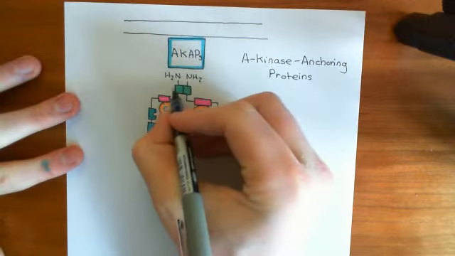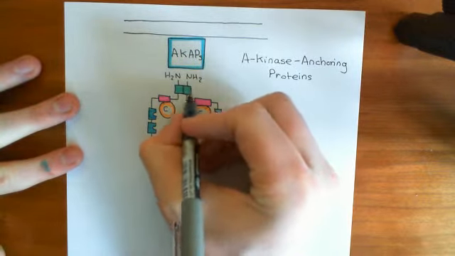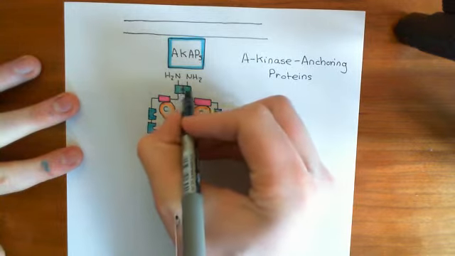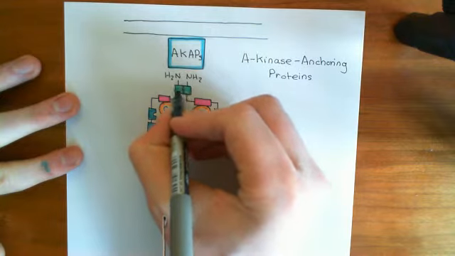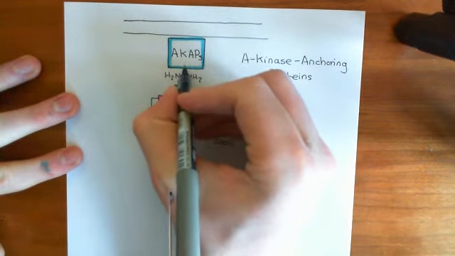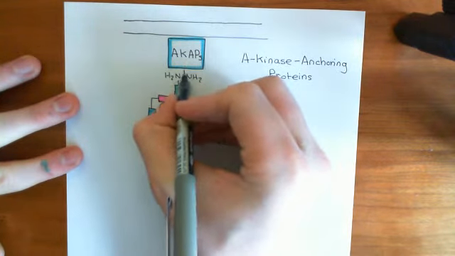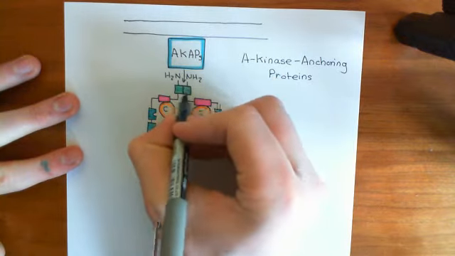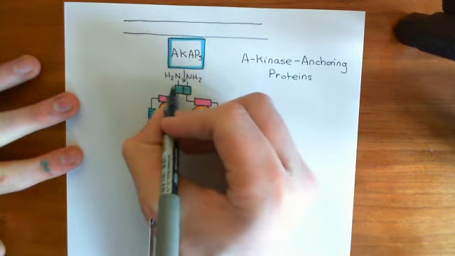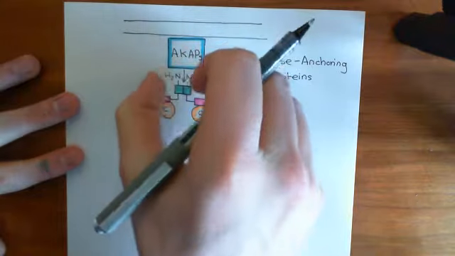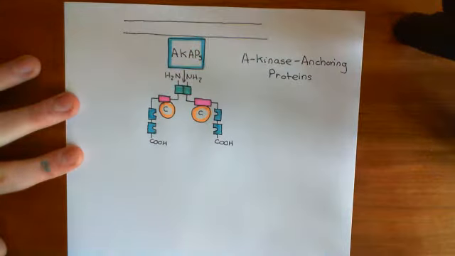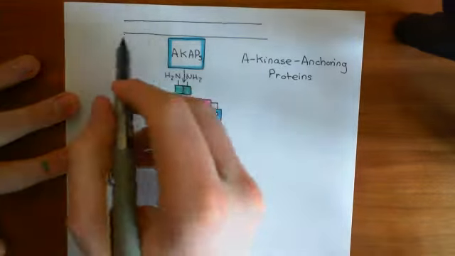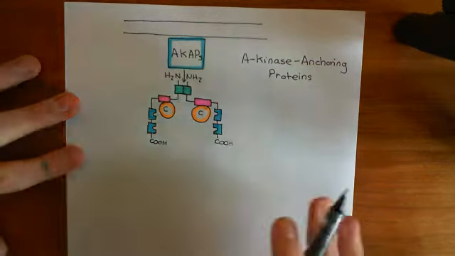Type 2 protein kinase A's, however, where the regulatory subunits are type 2 regulatory subunits, the dimerized docking and dimerization domains here are going to now bind to the A kinase anchoring protein. So this will bind to this dimerized set of docking and dimerization domains, and it will hold the whole protein kinase A holoenzyme at the membrane, basically. Okay, which in this case is just underneath the cell membrane.